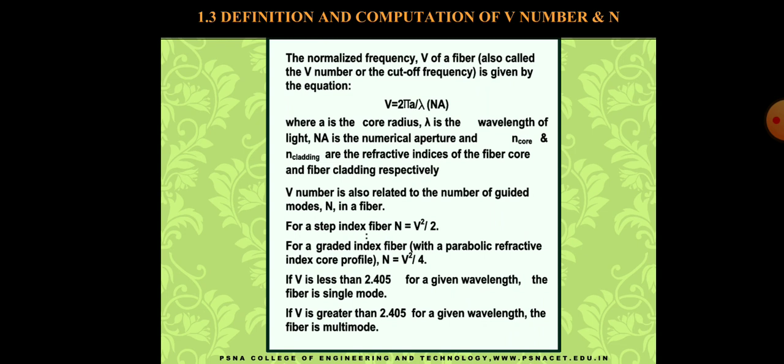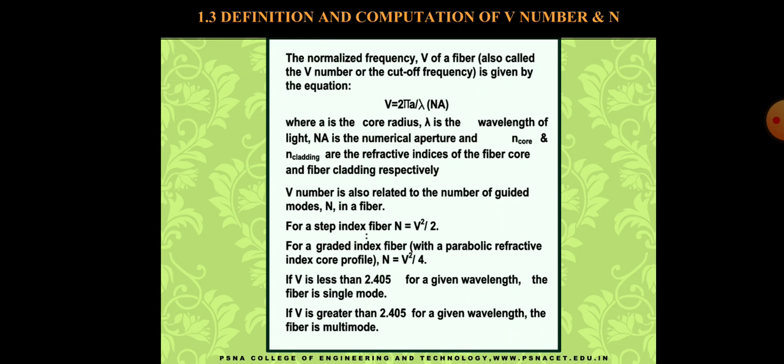For the step index fiber, the number of guided modes, capital N, is equal to V squared divided by 2. For a graded index fiber with a parabolic refractive index core profile, the number of guided modes N is equal to V squared divided by 4.